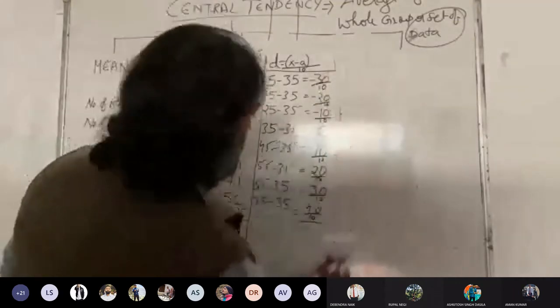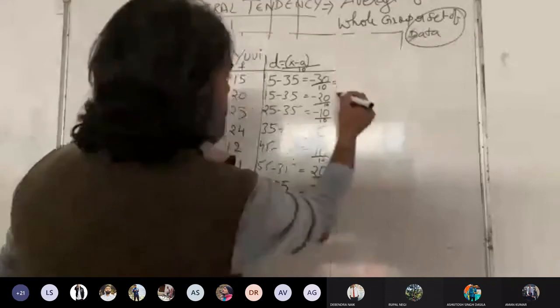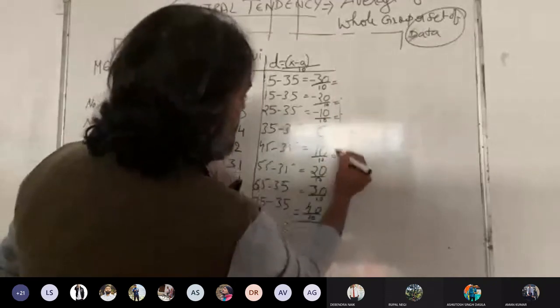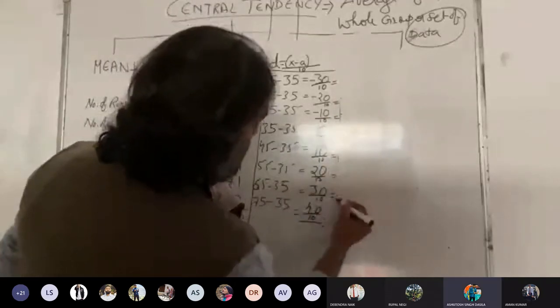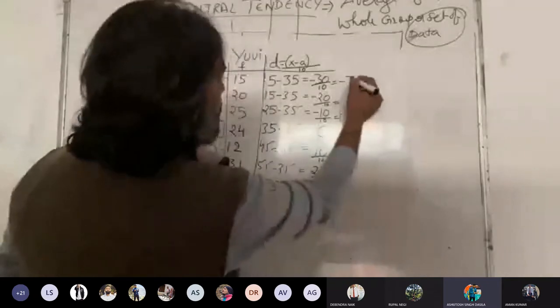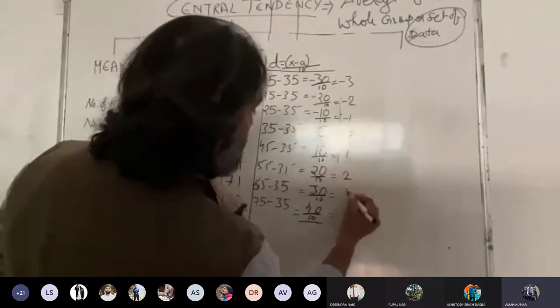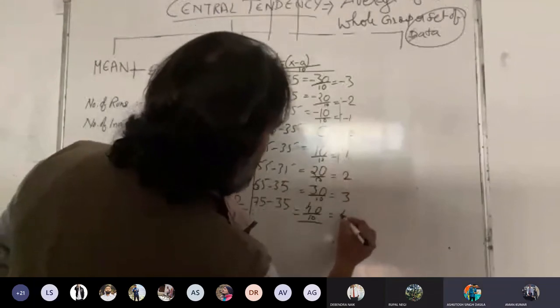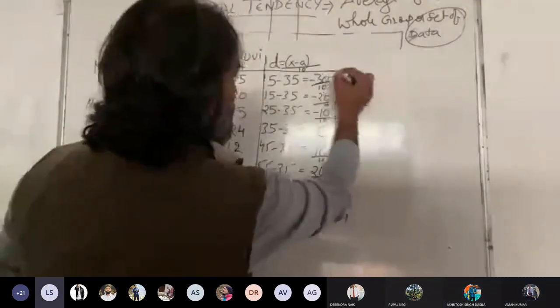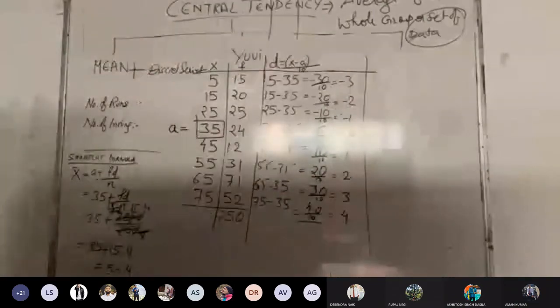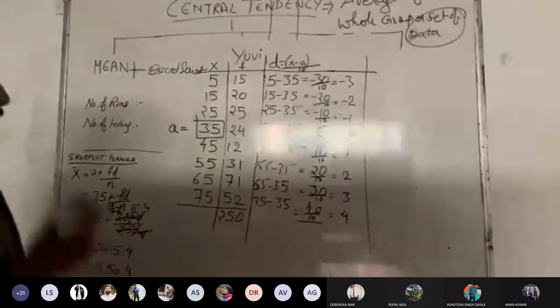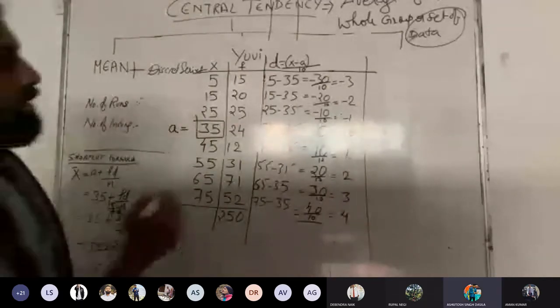Now what do I get as the new score? D is x minus a divided by 10. Very good.